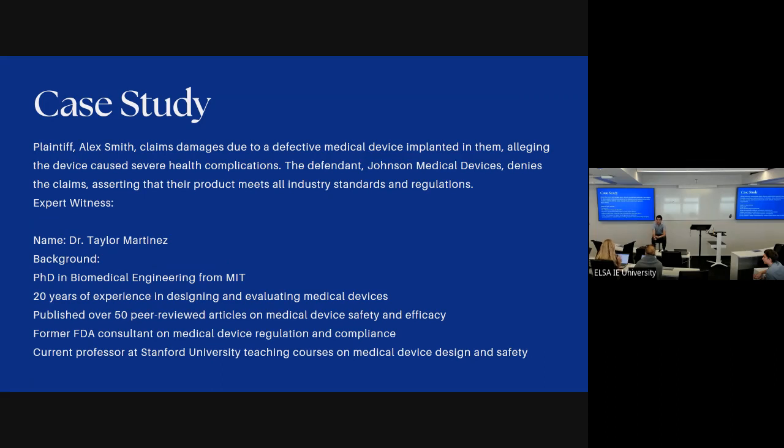Can you detail your experience in research with medical device design, safety, and biomedical engineering? Sure. I've designed and evaluated many of these devices, and I've also published some peer-reviewed articles on safety and efficacy. Can you go deeper into your contributions to these articles? Yeah. They are specifically on safety and efficacy of medical devices, and I've also focused a lot on regulation and compliance when I worked with the FDA.